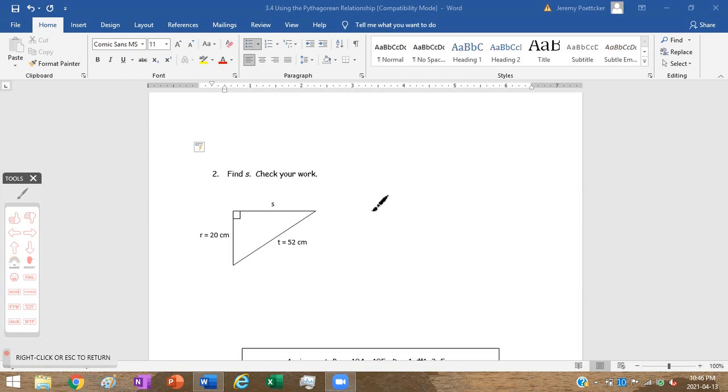If you think you've heard enough hints, pause it and then try it on your own and then follow along to see what you need to do. All right. So if we write out the equation the normal way, it would be r squared plus s squared equals t squared.